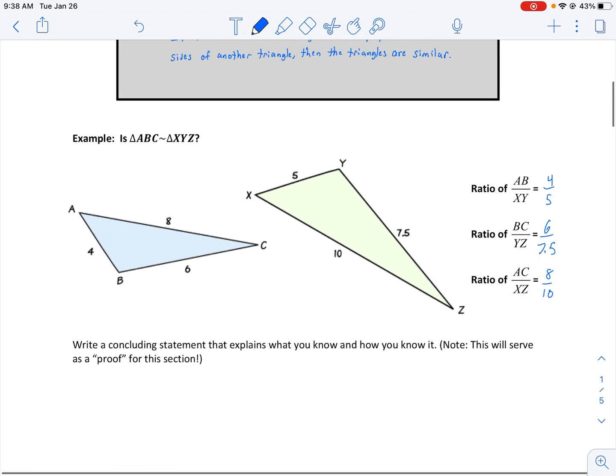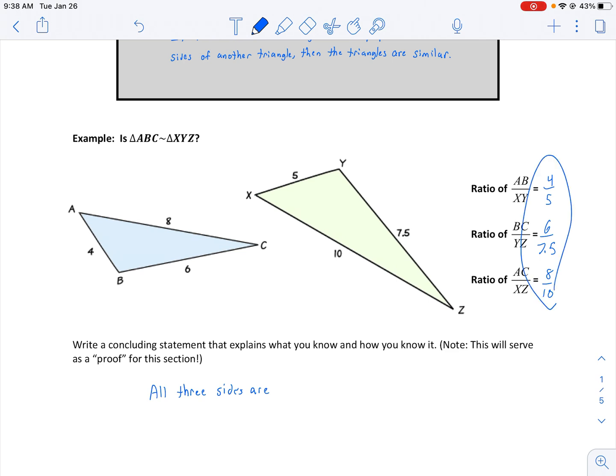So all three sides have the same ratio, or you can say all three sides are proportional. And again, use a calculator if you want, and you can show that all those are equal. So all three sides are proportional.